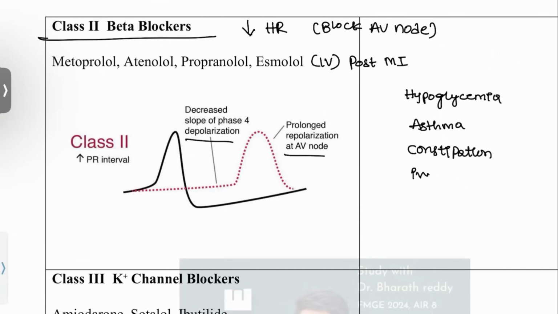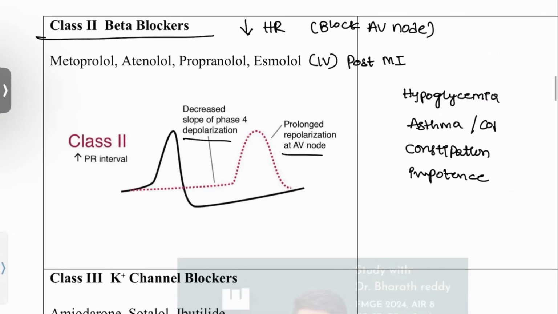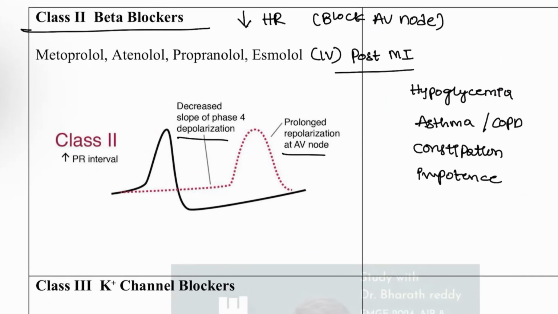Okay, patients who use beta blockers long term can also have impotence, and those who have COPD, we don't have to give beta blocker drugs. And the best drugs are the beta blockers only, because they actually prevent post-MI mortality. And we can even give them for acute SVT and PSVT.